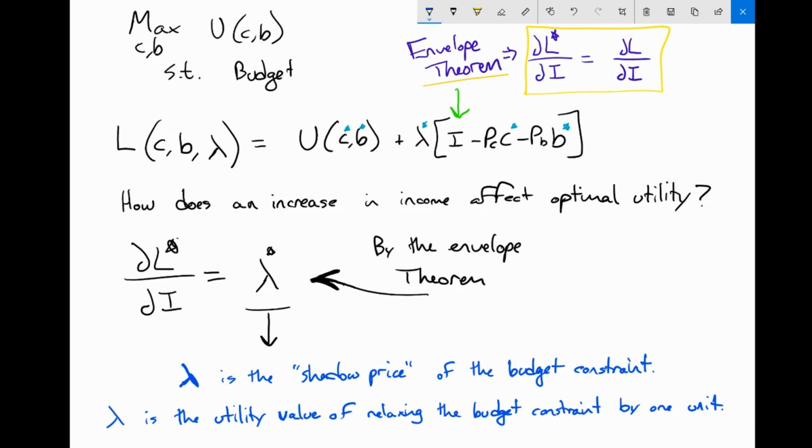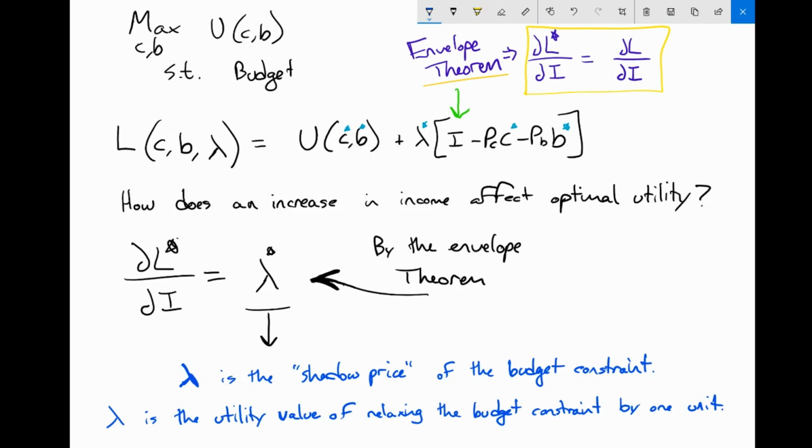If you were to increase your income by 1 unit, lambda is how much your utility would go up. If you reduced your income by 1 unit, lambda is how much that would cost you in terms of your utility. And so lambda is a price.